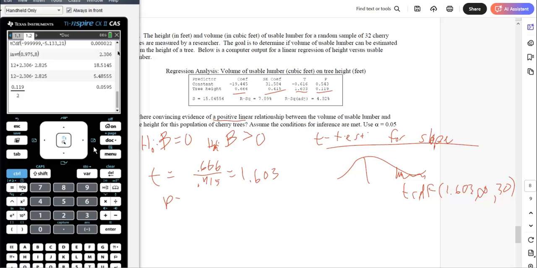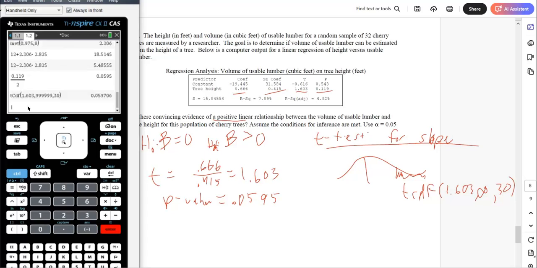So p-value equals 0.0595. And just to show you that it works, hopefully this works, tCDF 1.603, comma, infinity, comma, 30. 0.0597. So slightly different than what they had there.